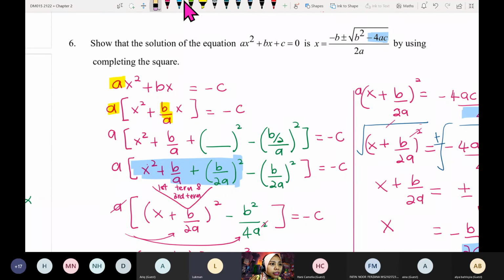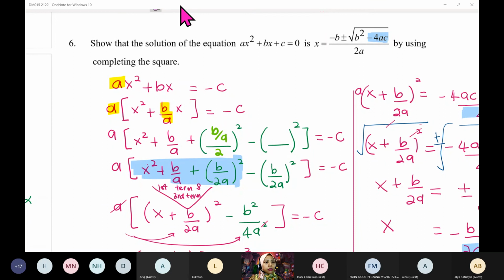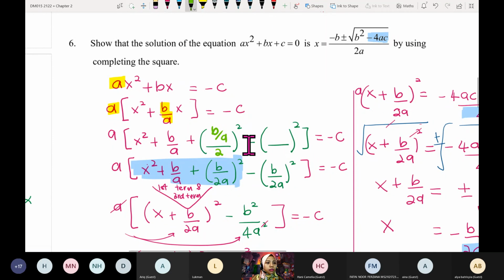B kita adalah B over A. So B over A over dengan 2.